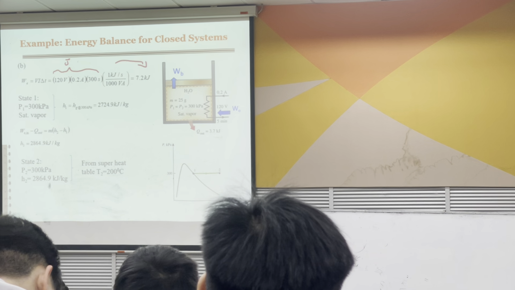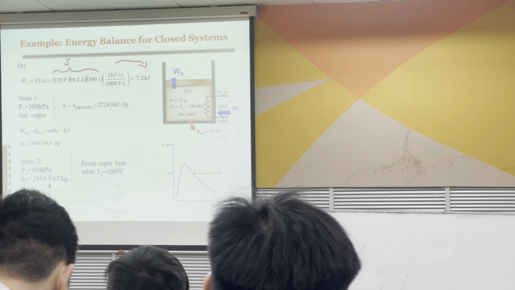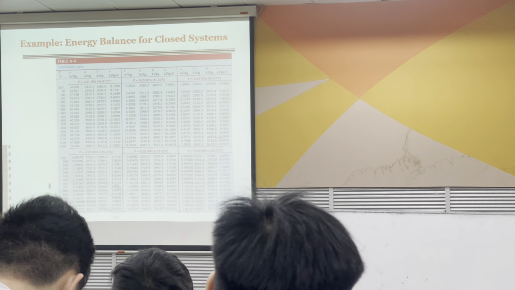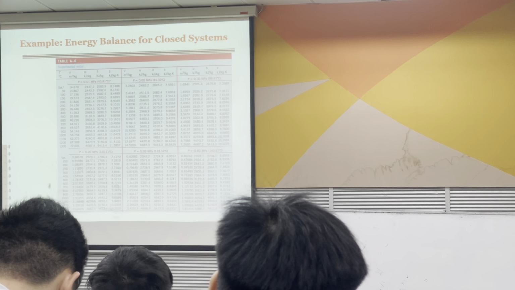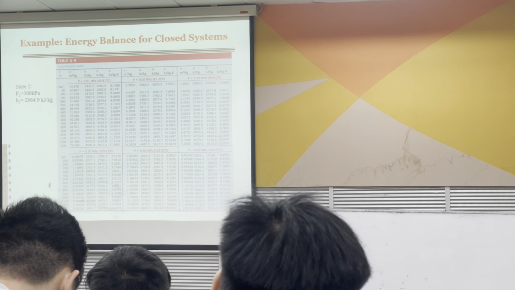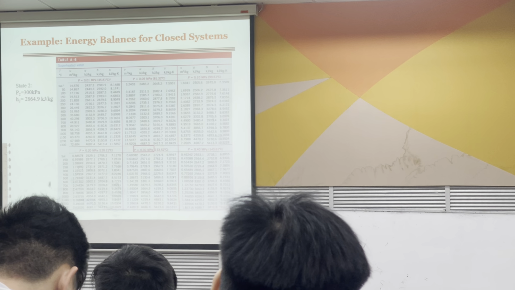So here the link is that we can use this equation to find H2. H2 is our second property, so based on this, we go to the table. We know that in state 2 we have 300 kilopascal, and H2 is 2864.9. So 0.3 megapascal.